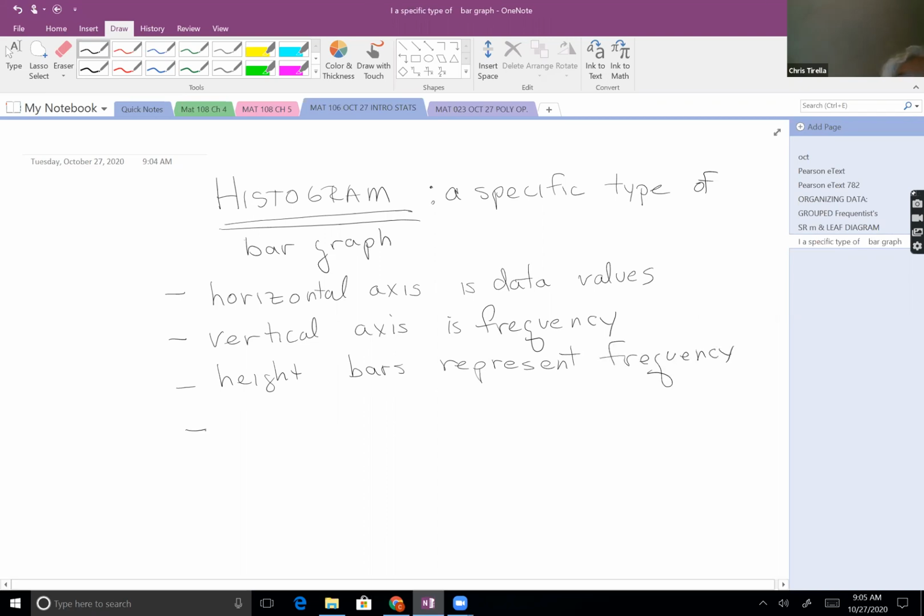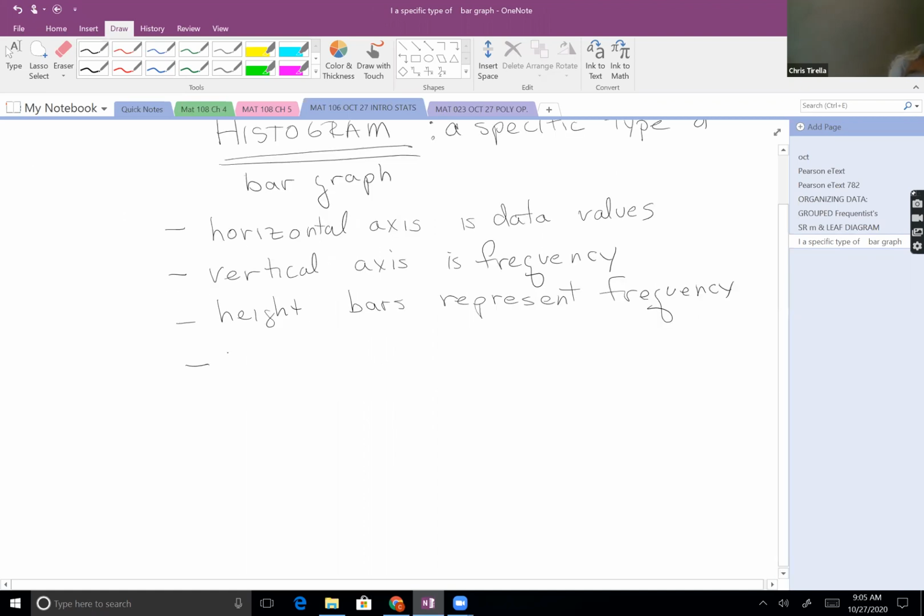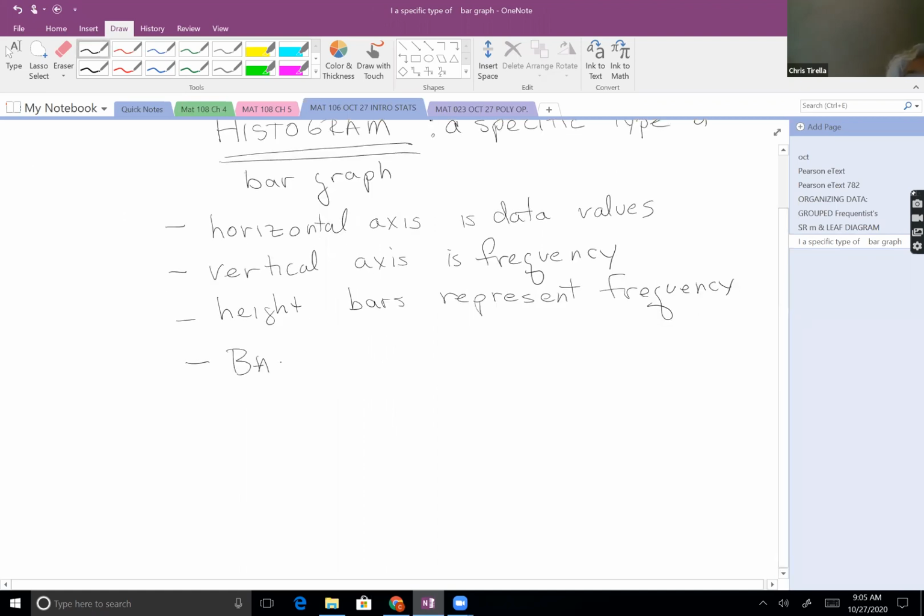What's important with a histogram is that the bars must touch. Again, we want to label everything to give meaning, so that whoever looks at our histogram knows what it's supposed to represent.